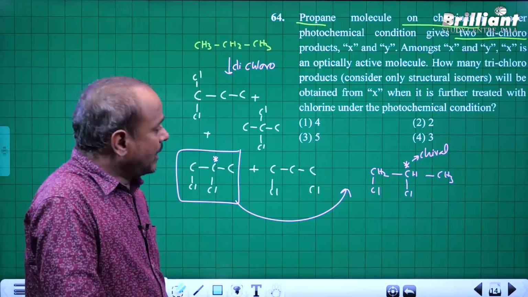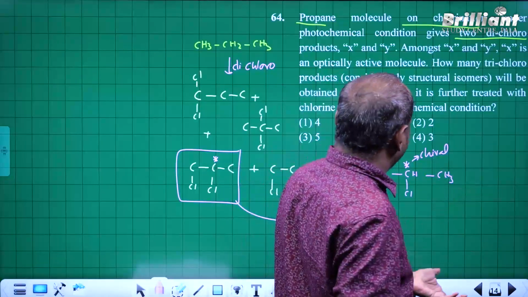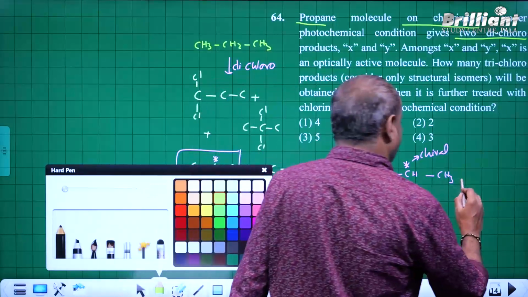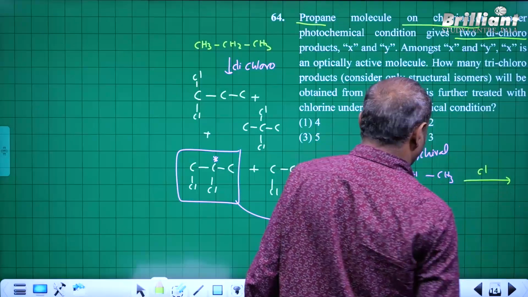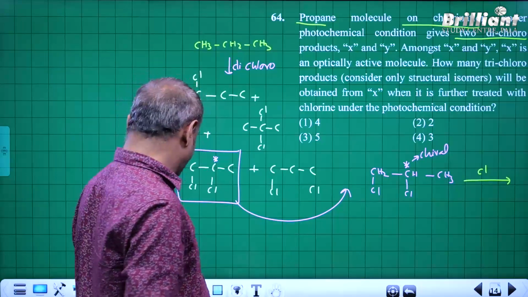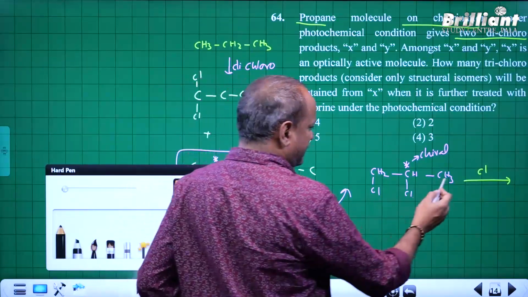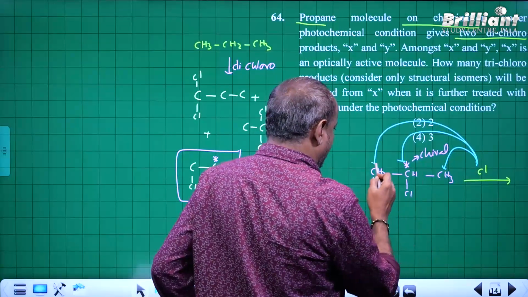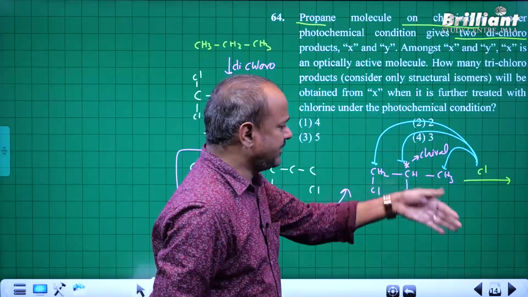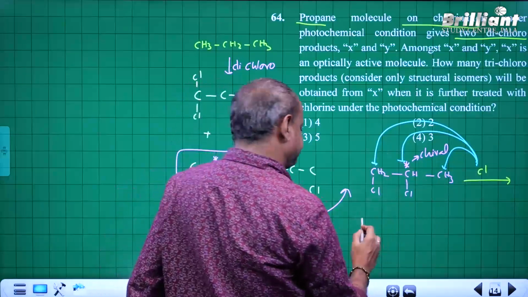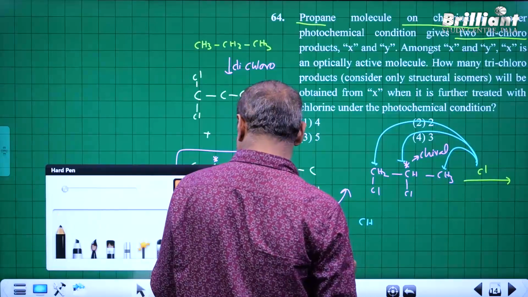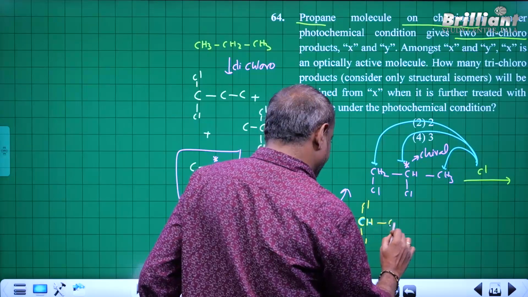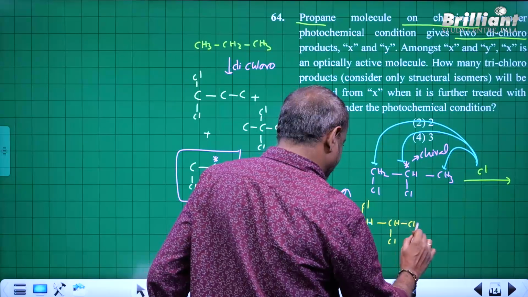Okay. Now this compound again monochloro to form trichloro products, with again addition of chlorine. How many products possible? Only structural products. So here one possibility present, here one present, because here H is present. So wherever H is present, that will undergo substitution. So 3 products: CHCl2, CHCl, CH3.